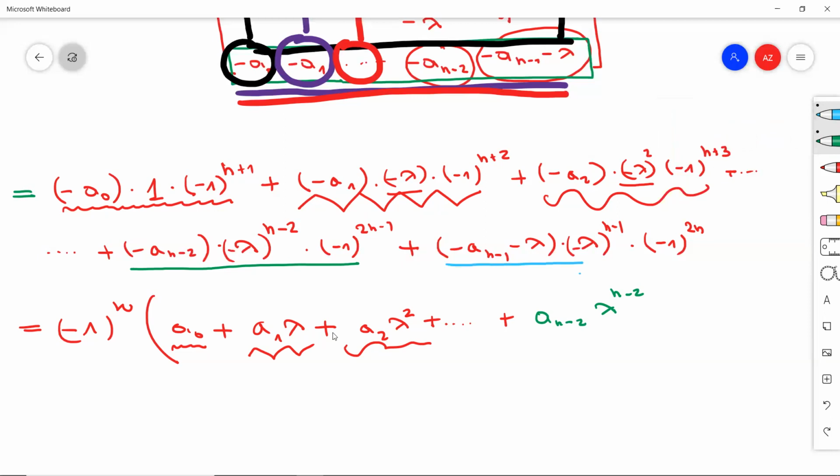So the last term is different. If we take a n minus 1 and multiply by the remaining two parts, we get a n minus 1 lambda n minus 1. But then we also have this part with lambda. And this gives us plus lambda to n.